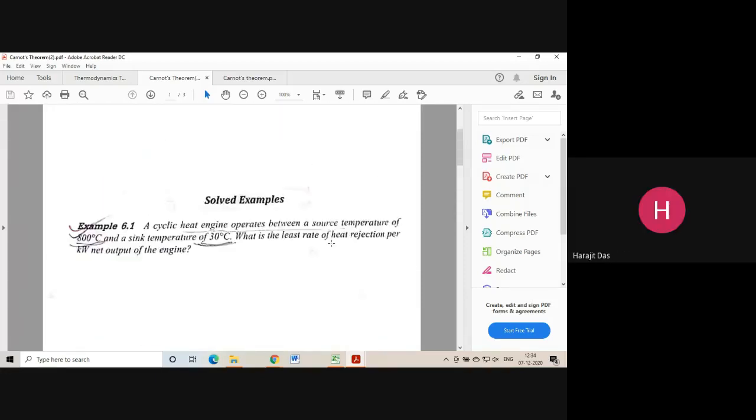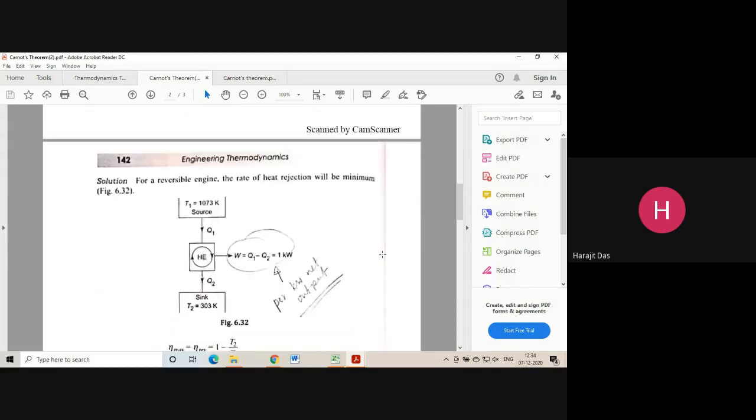In the question, see, what is the least rate of heat rejection per kilowatt net output? It is given as per kilowatt net output. Per kilowatt net output means what? 1 kilowatt. Understood? That is why it is 1 kilowatt. On this per kilowatt net output, we will be calculating the heat rejection.